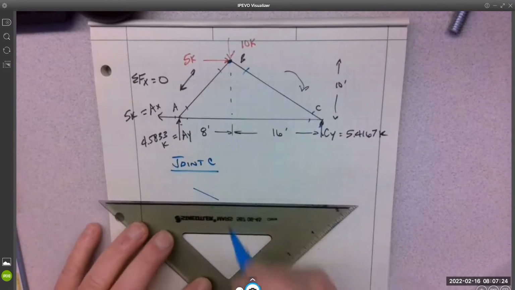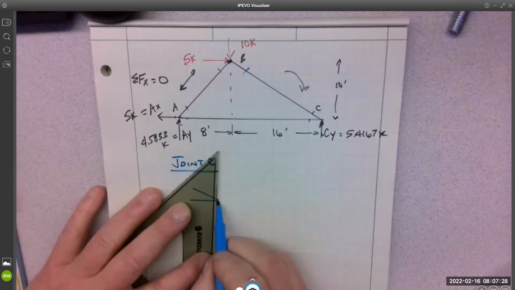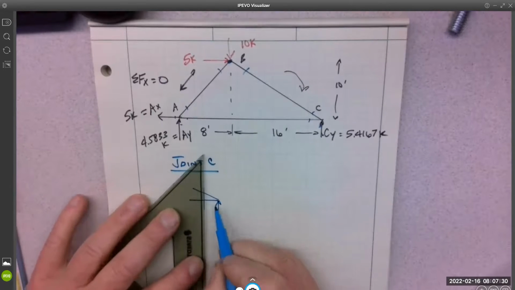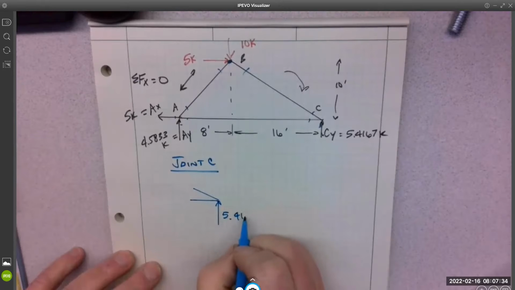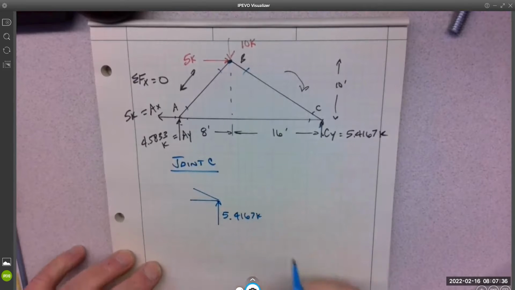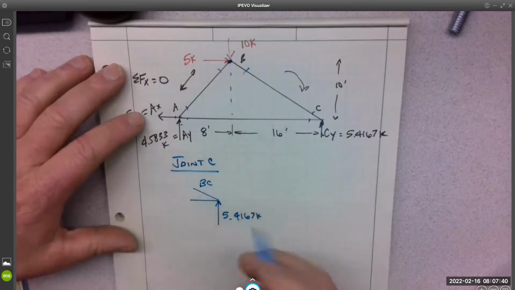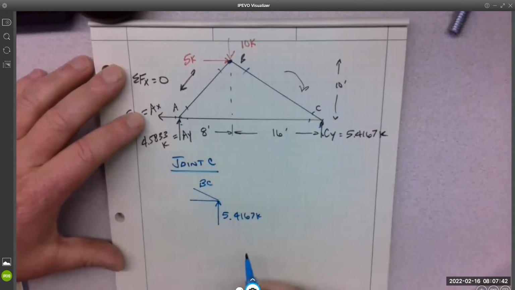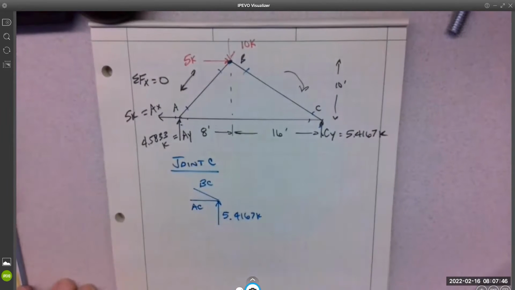So there's 3 forces at joint C. And you definitely want to put in the one you know, 5.4167K. And then we have BC, or CB, doesn't matter how you name it, and then AC, or CA.